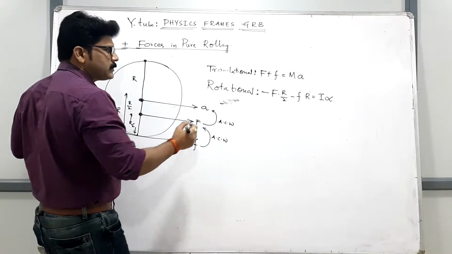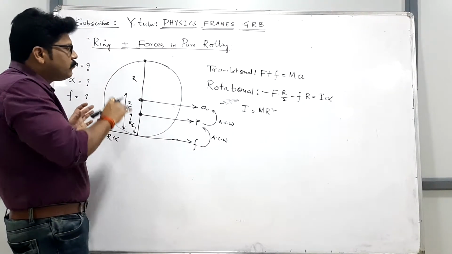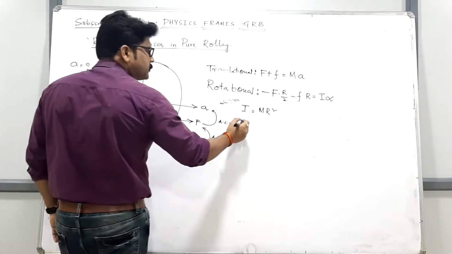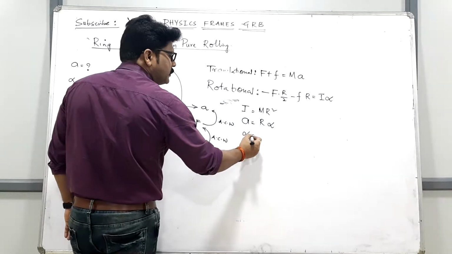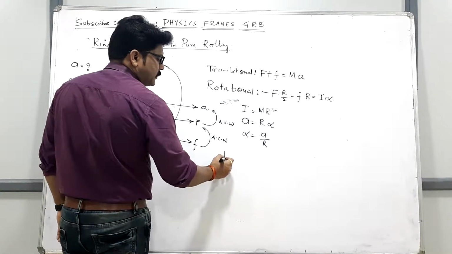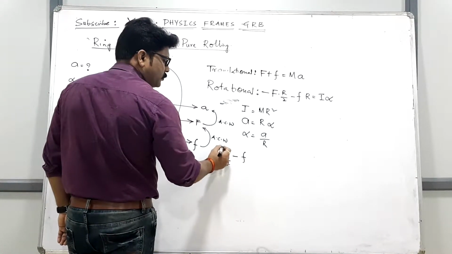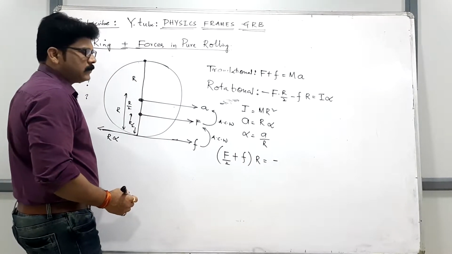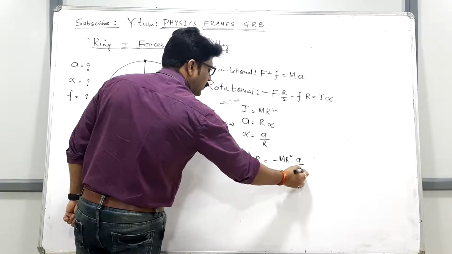If it is a ring, I equals MR square, and we are assuming it is in pure rolling, so this friction will support the rolling. For the pure rolling condition, A equals R alpha, so alpha equals A by R. Substituting in that equation, minus will get cancelled, that is minus F by 2 minus f into R equals minus MR square into A by R. R will get cancelled.